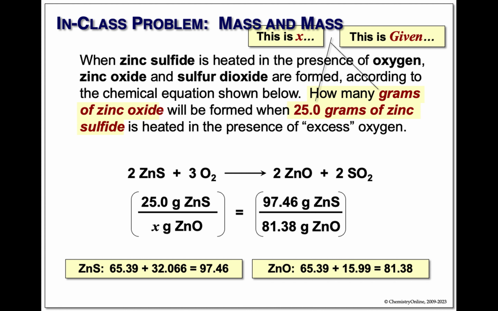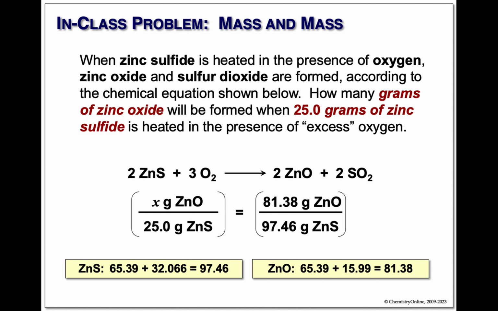Now we look at this and say, oops, when I set this up I did it wrong, didn't I? But that's okay, because the math is very simple. If you set things up upside down, just flip them both over. Totally legal. If it doesn't work out, flip it upside down. Now it's 25 times 81 divided by 97.